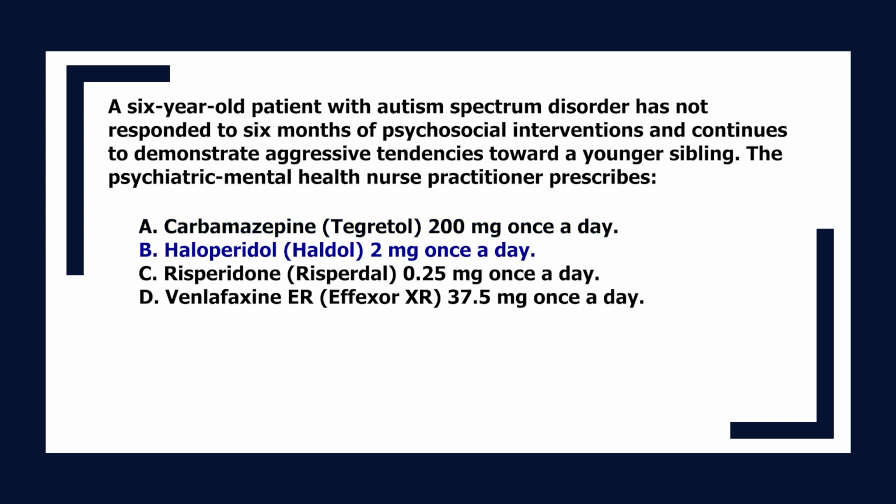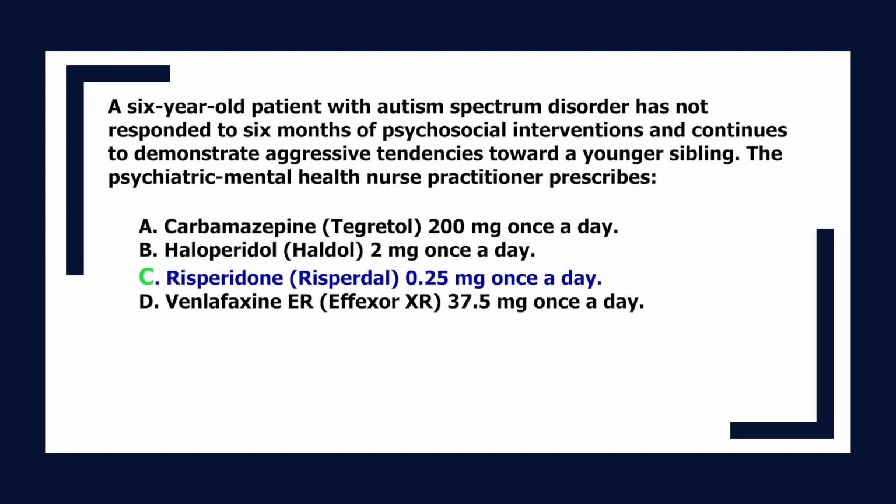B. Haloperidol, Haldol, 2 mg once a day. C. Risperidone, Risperdal, 0.25 mg once a day. D. Venlafaxine ER, Effexor XR, 37.5 mg once a day. The answer is C. Risperidone, Risperdal, 0.25 mg once a day.